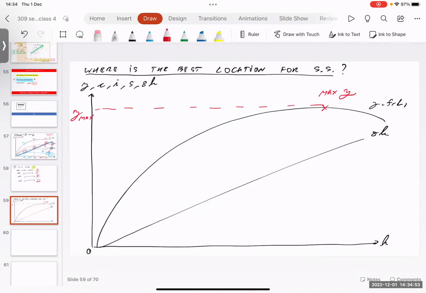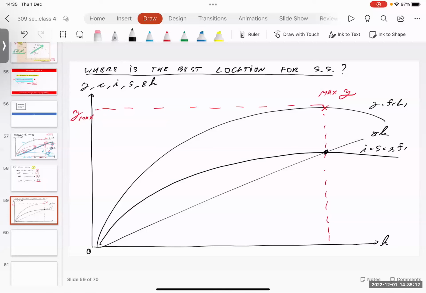You may think this is the best steady state point. If you want the steady state point to be here, the only thing you need to do is control the saving rate. Investment per worker equals saving per worker, which equals the saving rate multiplied by a function of k. You just need to control the saving rate to be here.